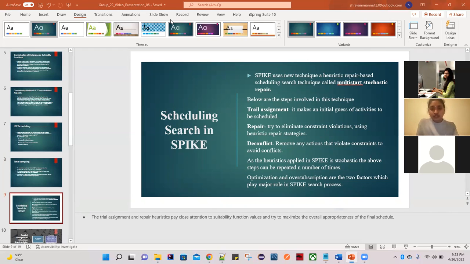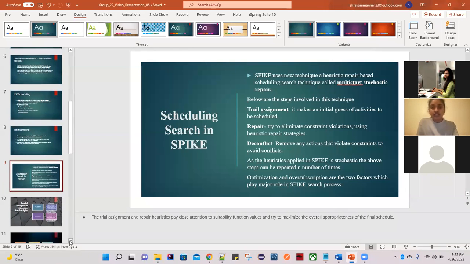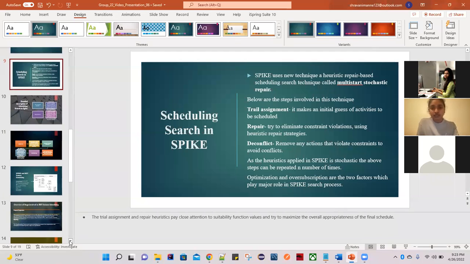As the heuristic strategy applied in SPIKE is stochastic, all the above three steps can be repeated n number of times. Two other factors that play a major role in the SPIKE search process are optimization and oversubscription.